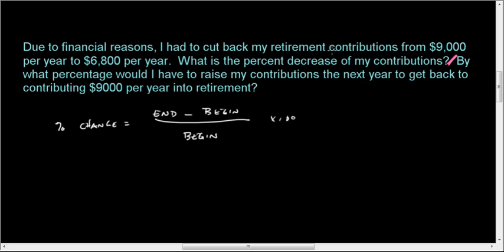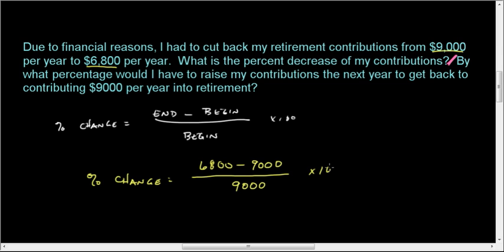I had to cut back my retirement from 9,000 to 6,800, this is my end. And so my percent change is equal to 6,800 minus my beginning, which was 9,000. After I subtract that, I divide by 9,000 and multiply by 100 at the end.